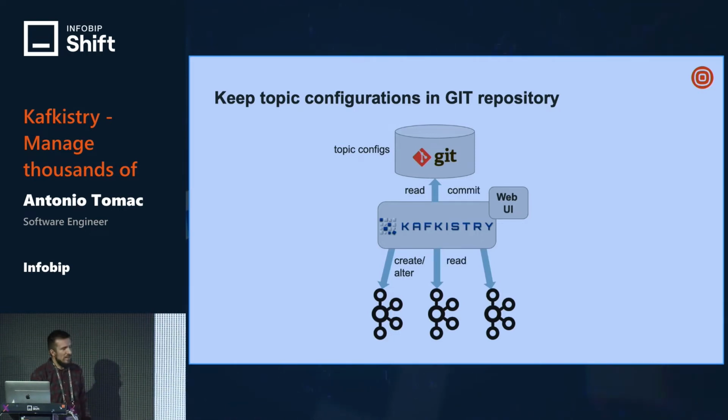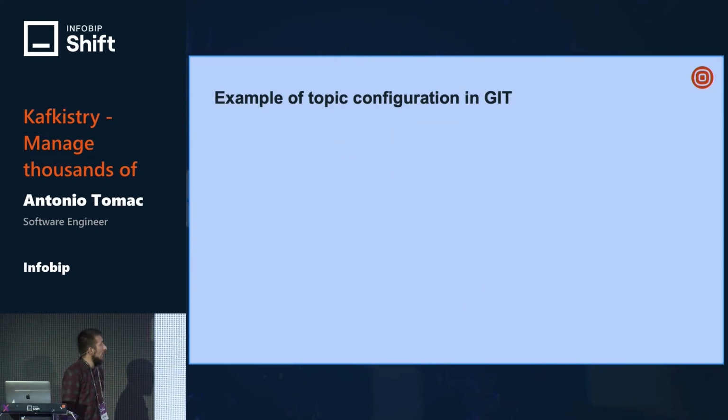We also implemented the other way around, so that Kafkistry can read the current configuration of all topics and then import them into Git, and that was done for easy adoption onto the system, because we already started with having a bunch of topics and we needed import initially.